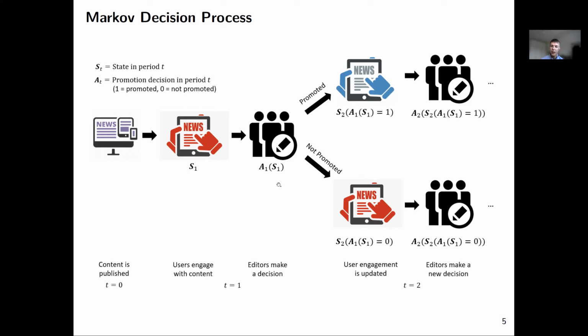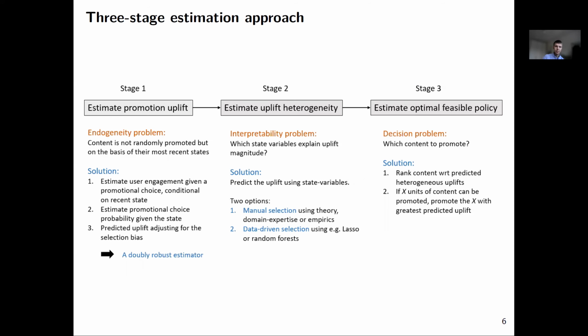And the action variable is a choice. You can either promote content or not promote it. Whatever action you take, you get a different new state, since if you promote, you generally get more user engagement. Then given this decision, the editors in the next period, time 2, make a new decision. And then the process continues like this over time. And we wish to optimize on this process.